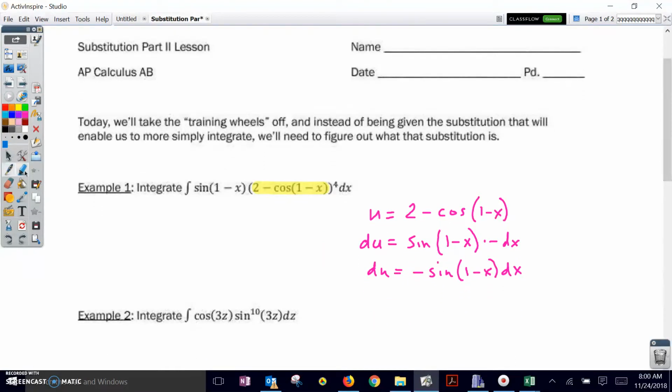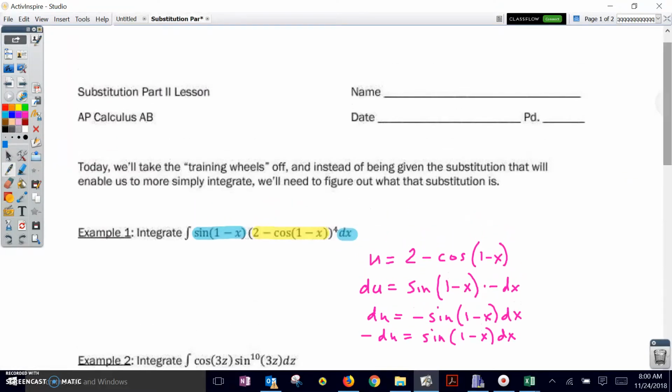This is pretty close to what we want to replace. We want to replace the quantity sine of 1 minus x dx, and so we're just going to replace that with the opposite of du. And when we do that, this turns into the opposite of the integral of u to the 4th du.